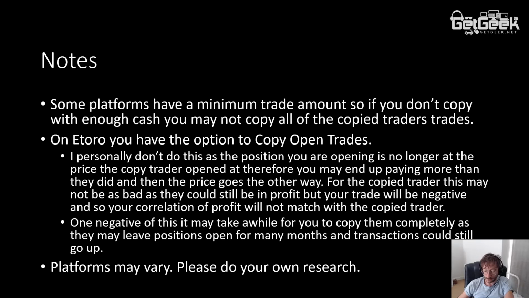If I copy at this point where it's $15, it could go back down to $12, and I'm now at a loss, but this guy is still at a profit. So then he may close out this trade, and I'm just negative on the outcome of that trade, whereas he's still positive.